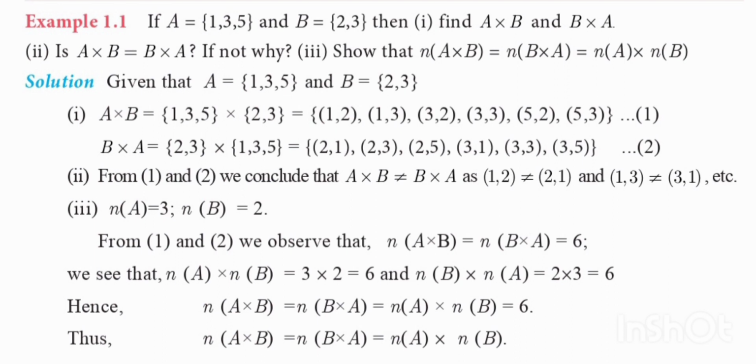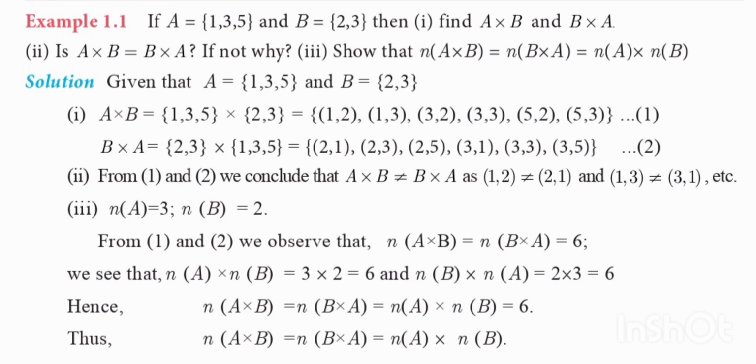The given sets A and B are taken, and then A cross B is going to be obtained now. The Cartesian product A cross B is listed as the set of all ordered pairs whose first element is from A and the second element is from B. It is given in equation number 1.